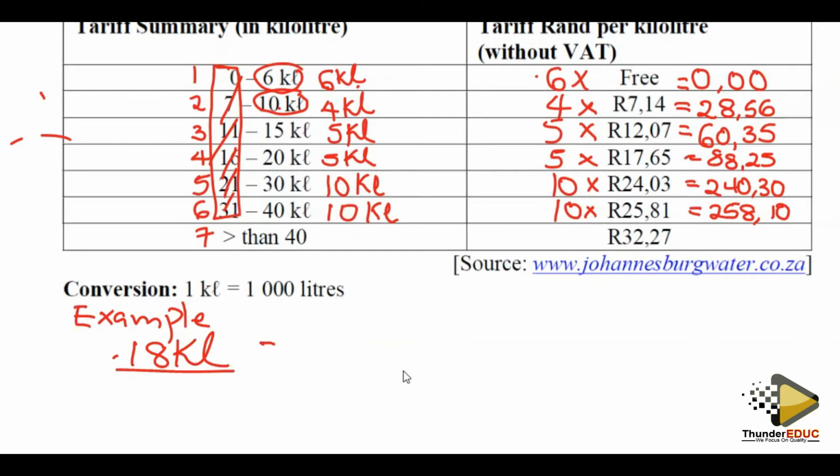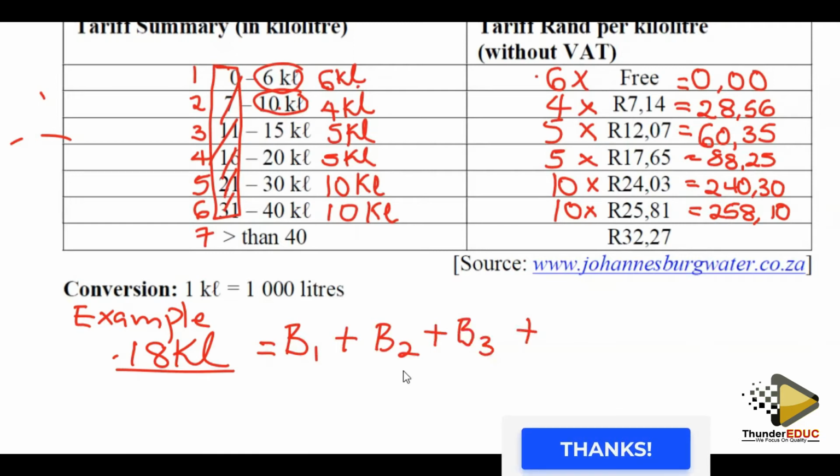So in this sense, the person has used bracket number 1. Again, he has used bracket number 2 fully. He has used bracket number 3 fully. But then in bracket number 4, when you look at it properly, for him to come to bracket number 4, he has exceeded bracket number 3 by 3 kiloliters.